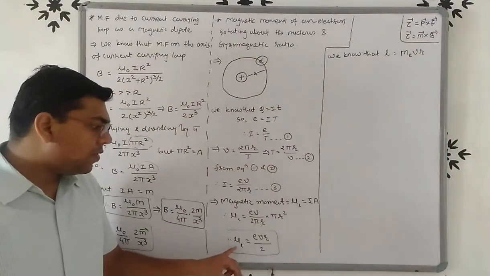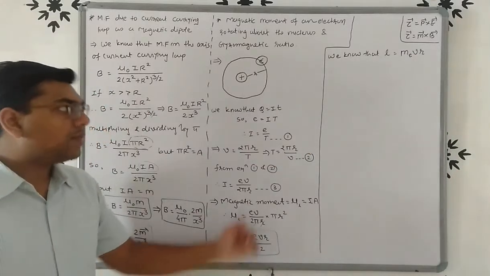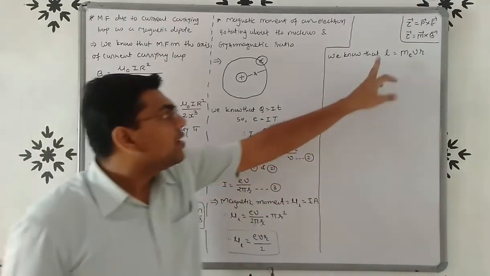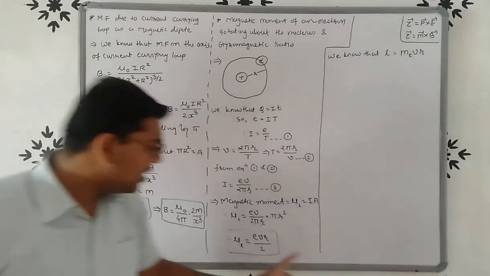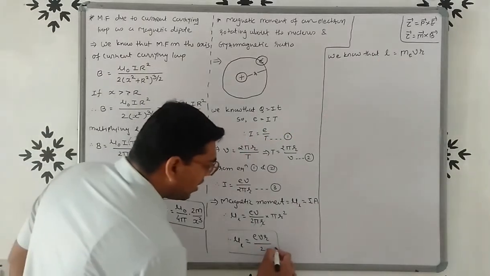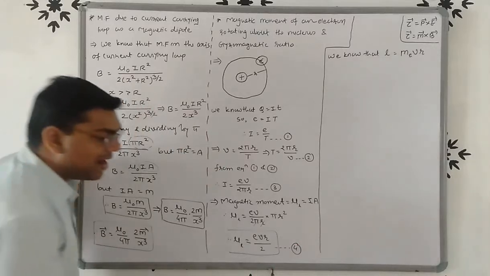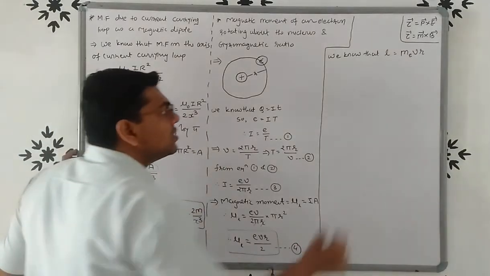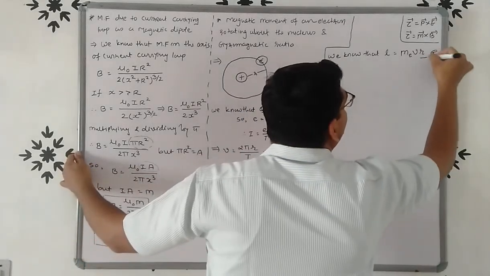So if we want to write this magnetic moment in terms of the angular momentum L, we know that angular momentum L is equal to m e v r. So here v r will be there. So we multiply and divide this equation number 4 by m e. So this is equation number 4 and this is 5.